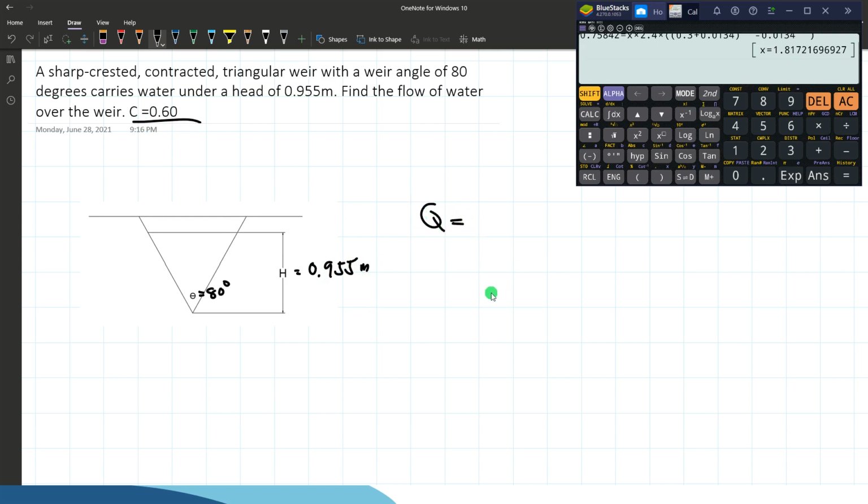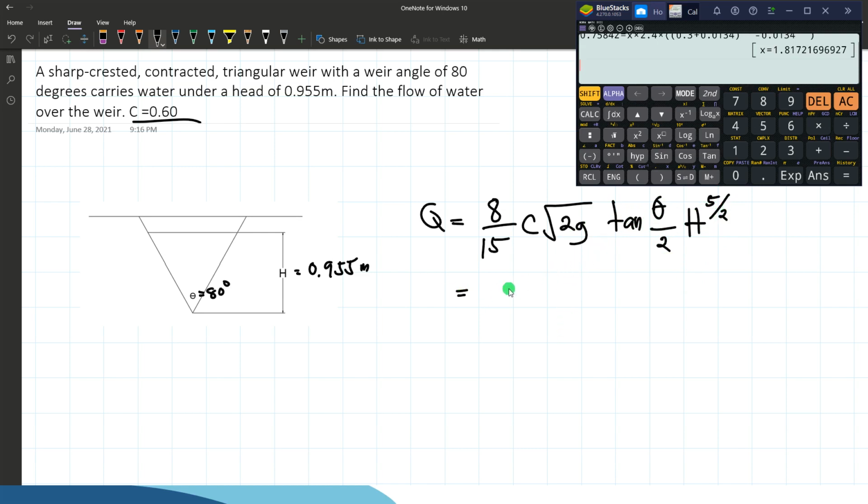So the formula for the discharge in a V-notch or triangular weir is equal to 8 over 15 C square root of 2g tangent theta over 2 multiplied by H raised to 5 halves.